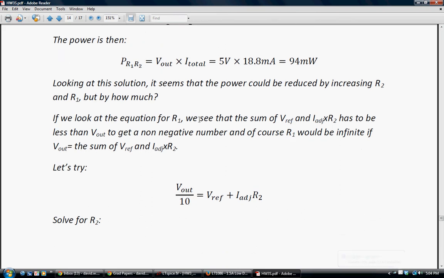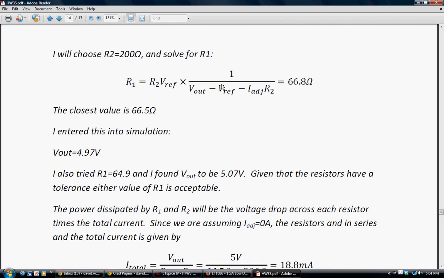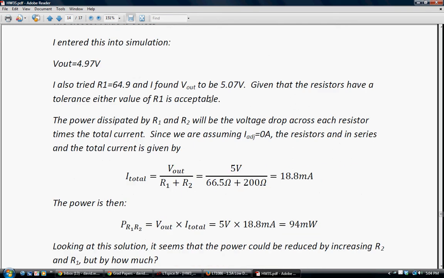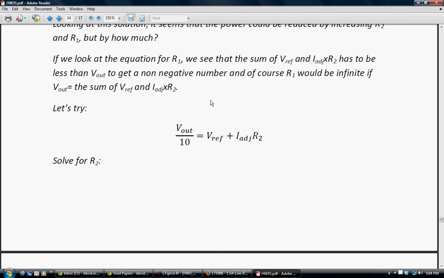And if I look at that equation for R1, I can see that for a physical solution, Vref plus I adjust times R2 has to be less than Vout. Now if they're equal to Vout, R1 will go to infinity. So the thing is less than. How much less than? I just made it up.